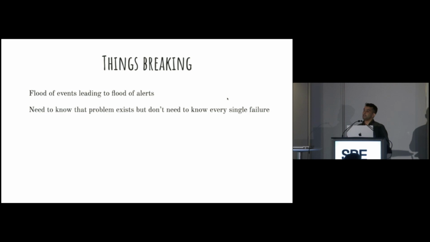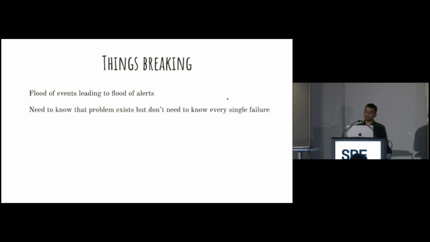Another thing is, when things break catastrophically, you get a flood of events which leads to a flood of alerts. This is a very usual scenario. But as an SRE, if you're on call, you want to know that something is wrong, but you don't need to know about every instance of failure when things break badly.